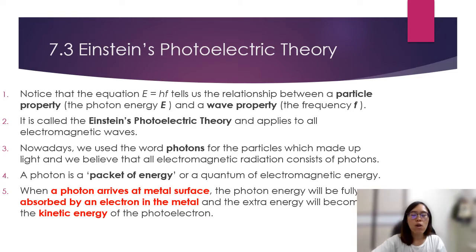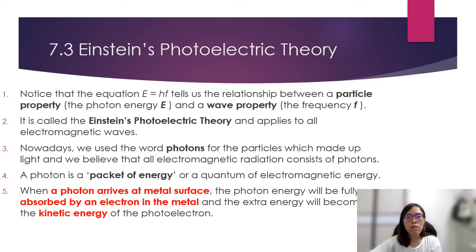From the previous subtopic 7.1, we know that radiation, light and electrons have what we call wave-particle duality. They can be a wave, and they can also be light particles.